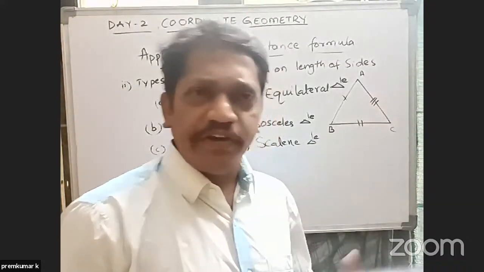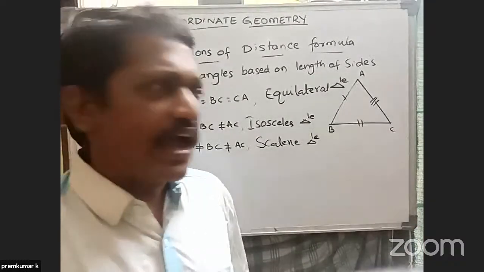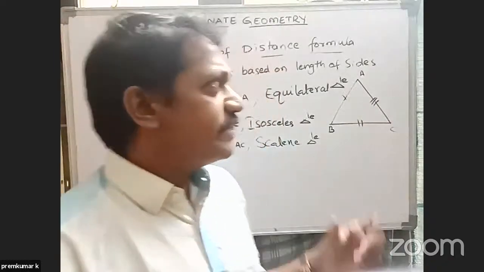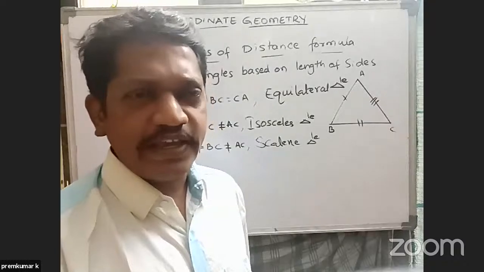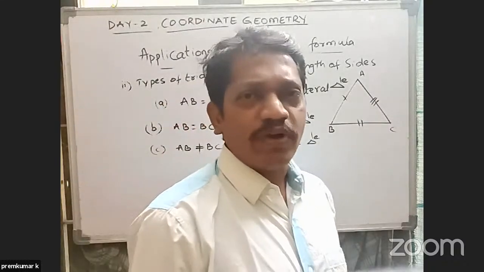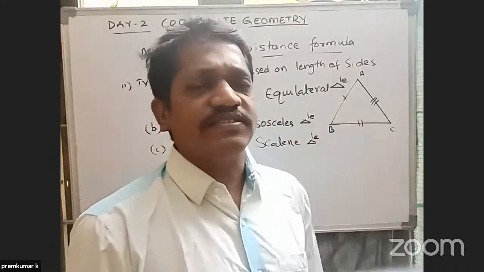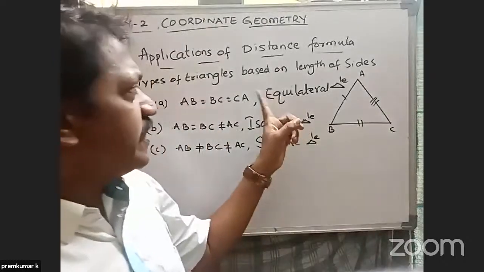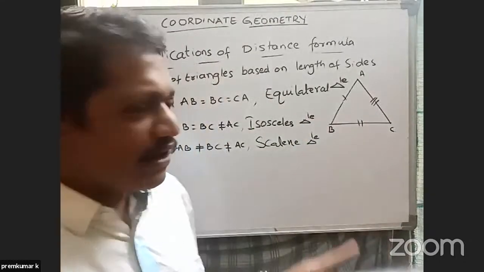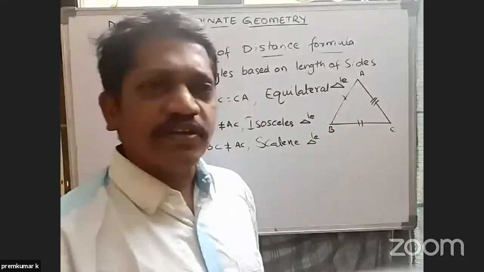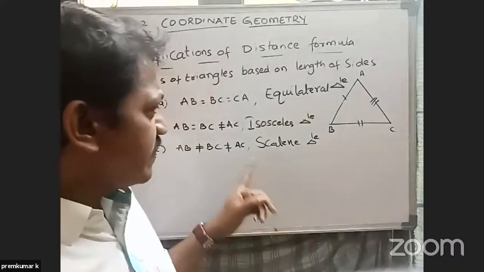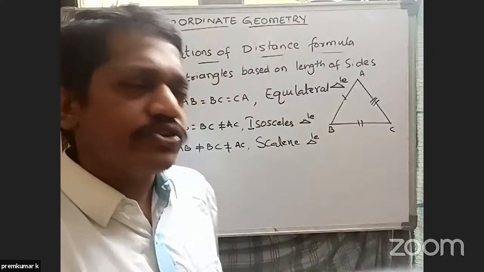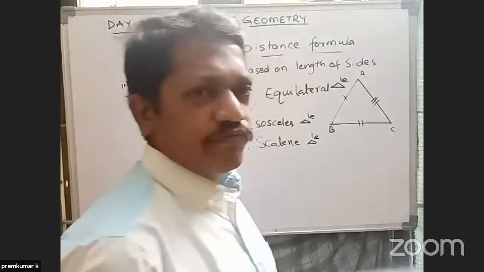If a problem is given in your examination or in your textbook or daily life, with 3 vertices given, then first of all we have to measure these 3 lengths using the distance formula. After getting the answers, if all 3 are equal, it is the first condition. If any 2 are equal, second condition. If all 3 are different, then it is a scalene triangle. Like this, we do these problems based on triangles. Now, going for the third condition.